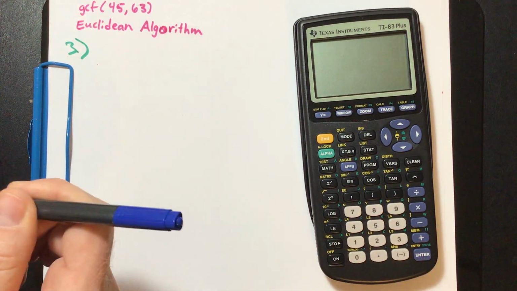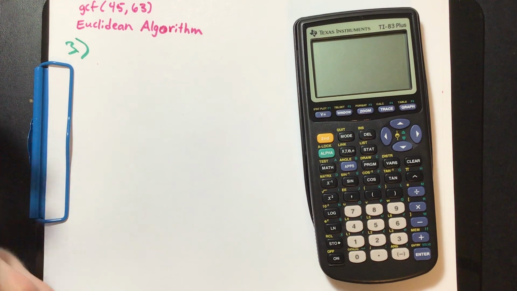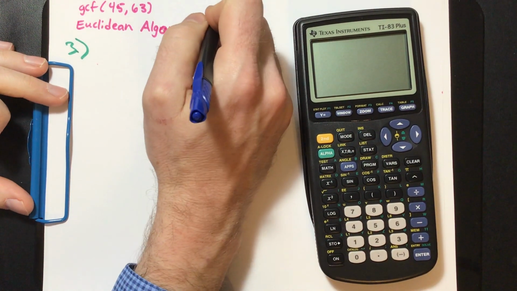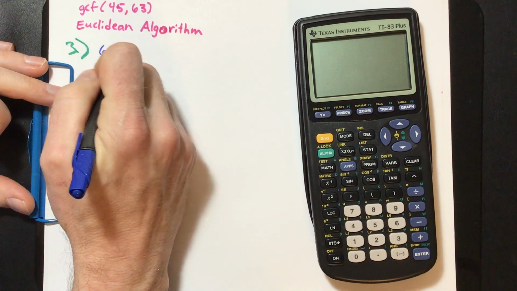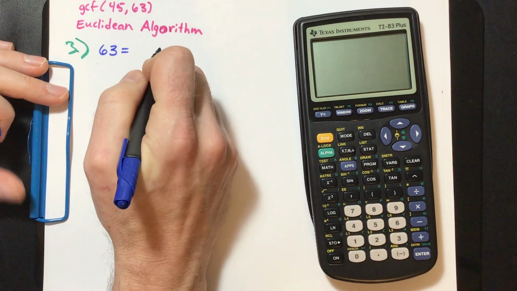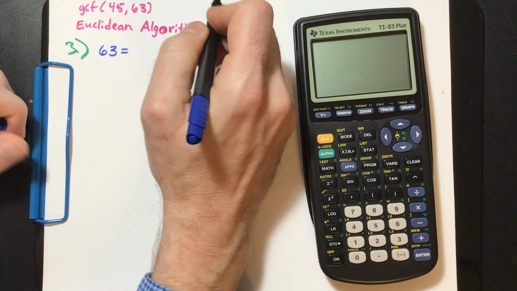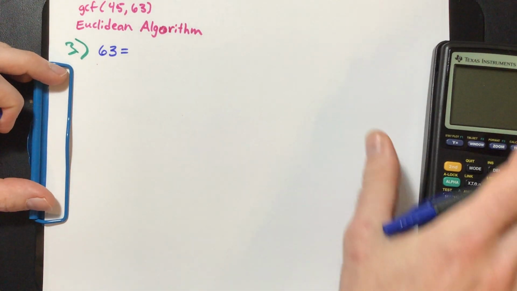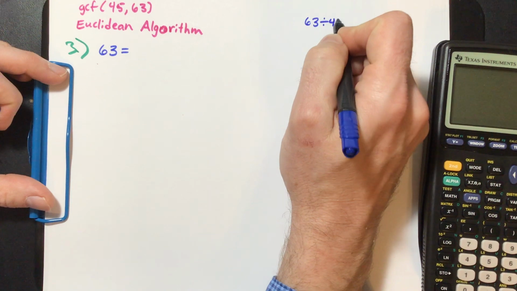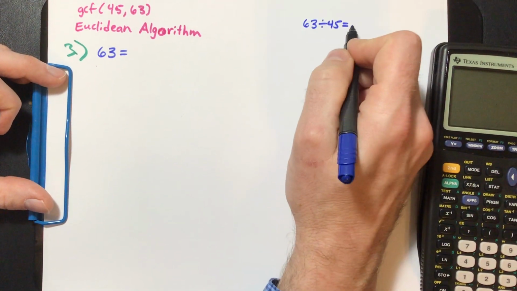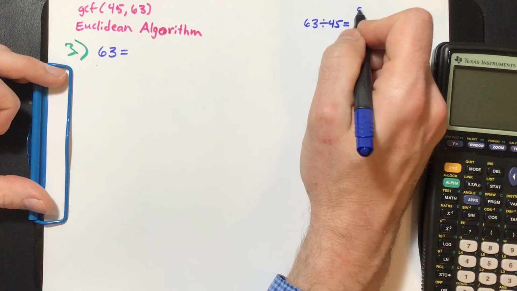So the idea behind the Euclidean algorithm is we're going to divide, you usually pick the larger number, by the smaller number. But this is kind of weird. I said I was going to use the calculator, but when I take 63 divided by 45, I'm going to get a whole number quotient with a remainder.